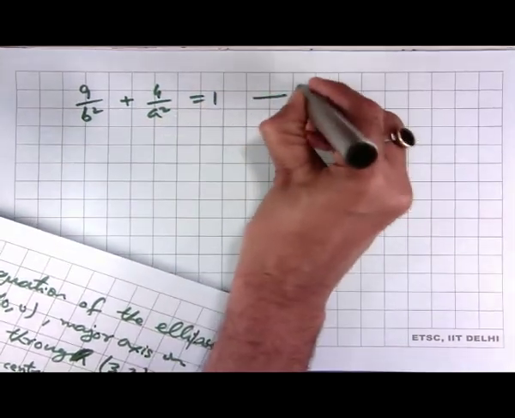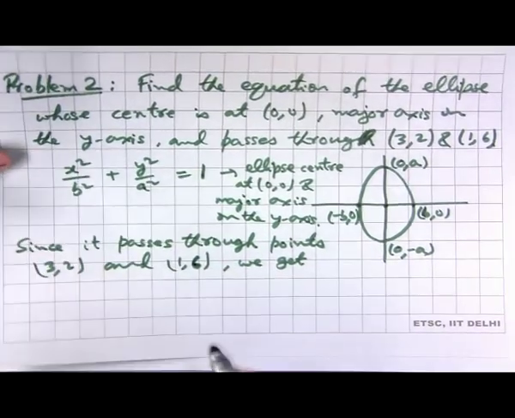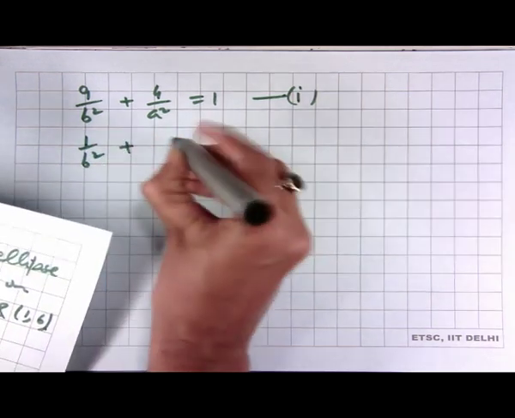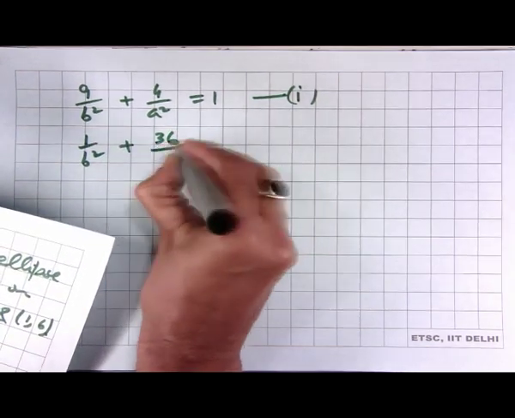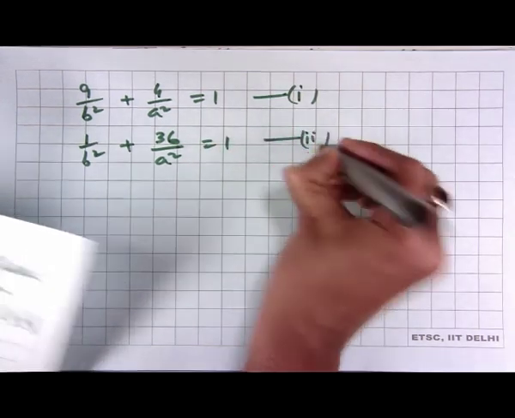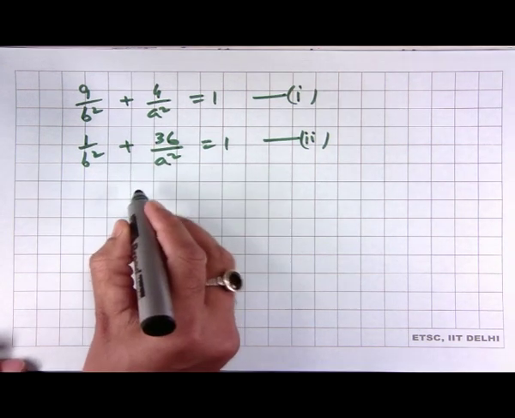this is equation 1, and it passes through the point (1, 6). So, 1/b² + 36/a² = 1, this is equation 2. So, from equation 1 and 2 we can find the values of a and b.